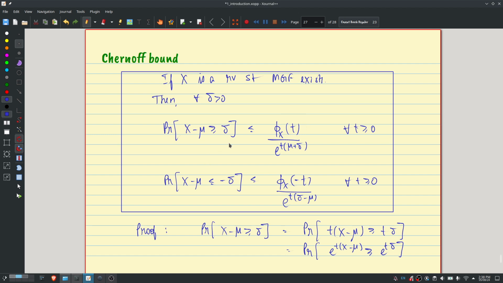All right, and you can get both a bound on the right tail as well as the left tail, except with some minor variations in the bound. But ultimately, all of it depends on the moment generating function and e raised to t times either delta plus mu or delta minus mu.